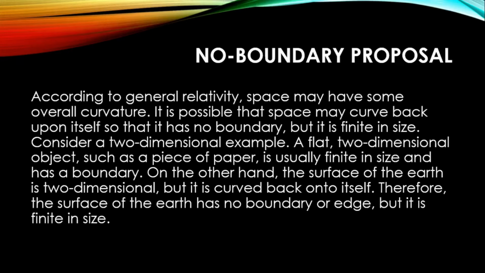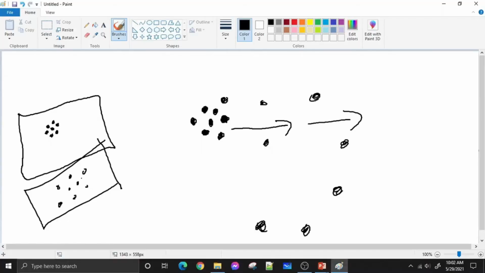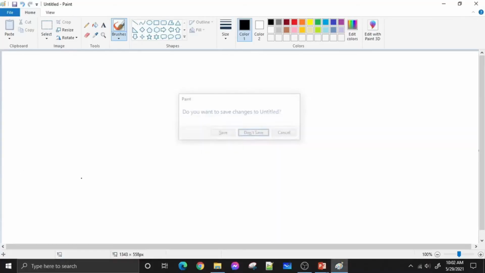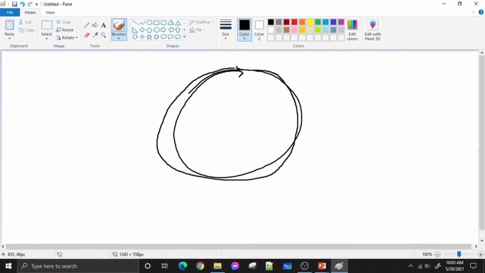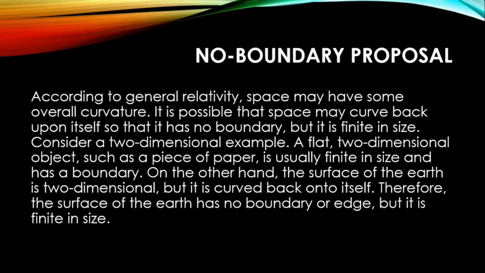So with this example, if you consider the globe, the earth, it is a rounded object in the universe like this one. It has a finite size because we can measure the actual size of the earth, but it has no boundary, because if you travel from one place and continue in a straight line, you will be back to your point of origin because of the curvature.